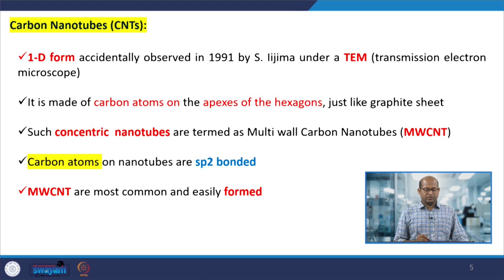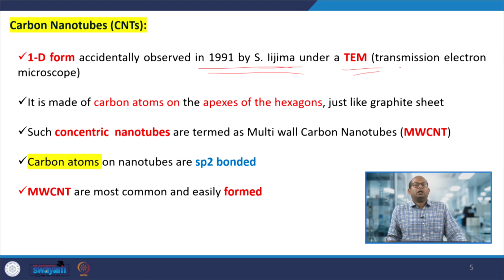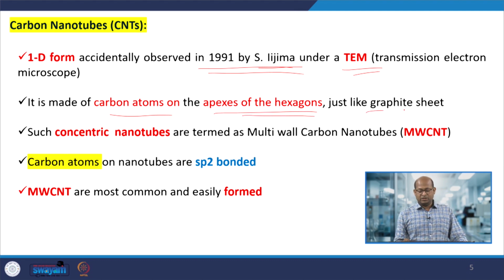They were accidentally observed in the year 1991 by S. Iijima using TEM, transmission electron microscopy. It was discovered that they are forms of carbon: hexagonal arrangements of carbon atoms forming graphitic sheets.